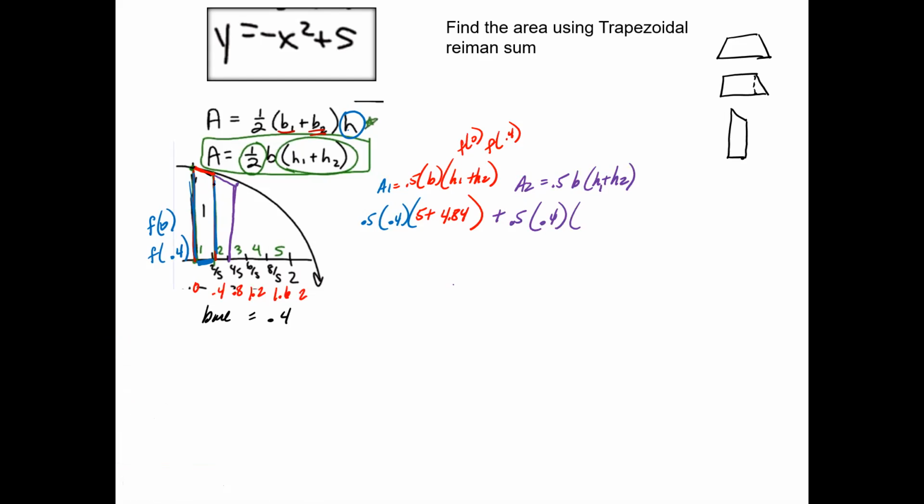Height 1 is going to be this height right here, so it's f of 0.4, which, as we found before, is 4.84, plus height 2. Height 2 is going to be f of 0.8. That's something we haven't calculated yet, but I'm going to do that right now. So f of 0.8 is going to be 4.36.